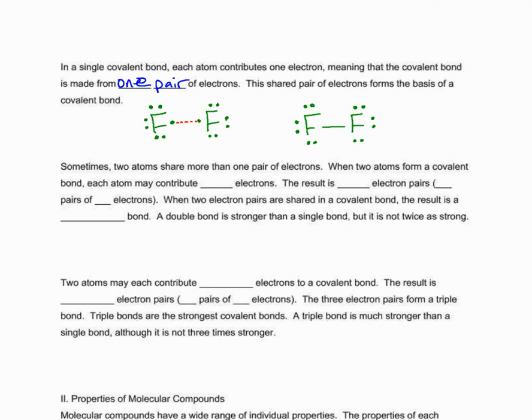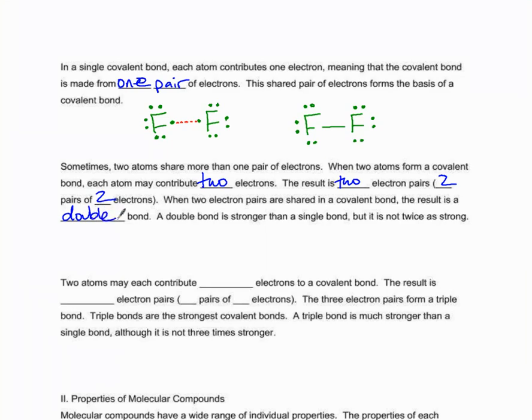But sometimes two atoms will share more than one pair of electrons. And when two atoms form a covalent bond, they may each contribute 2 electrons. The result is 2 electron pairs, or 2 pairs of 2 electrons. And when this happens, the result is a double bond.